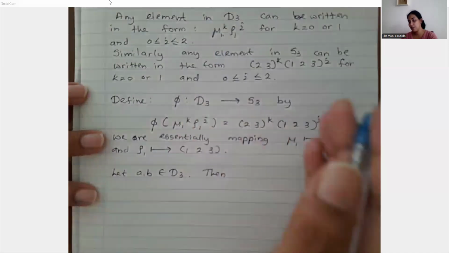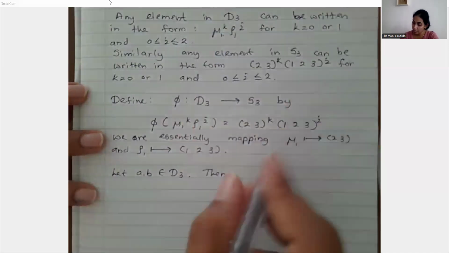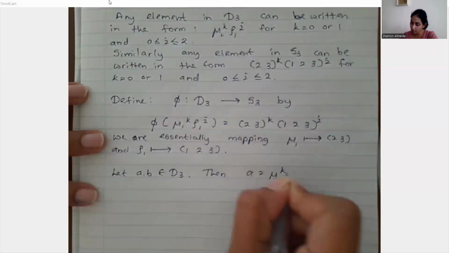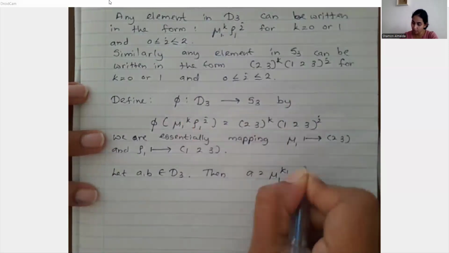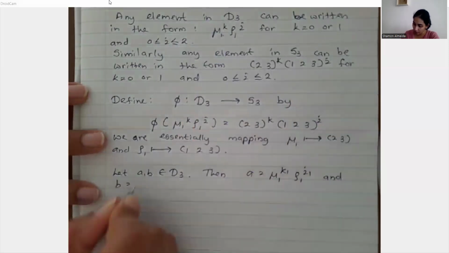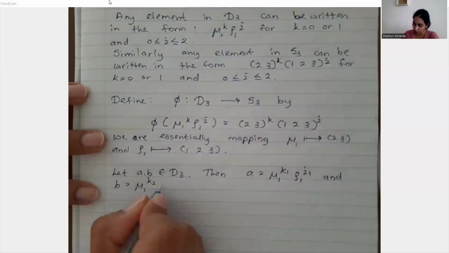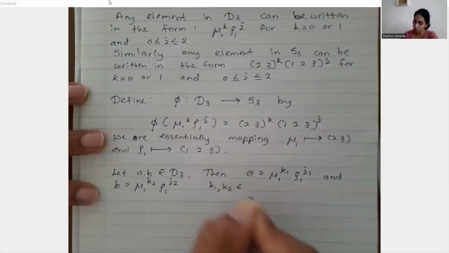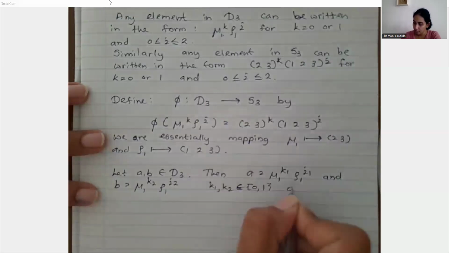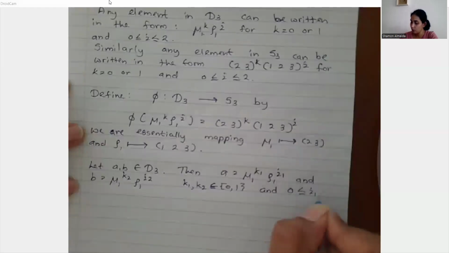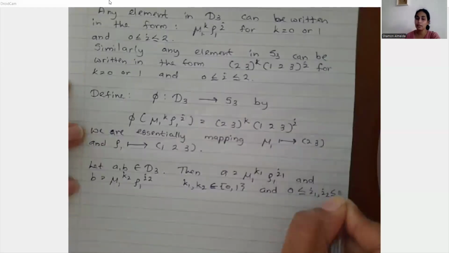So for some k1 and for some i1, we can write a as mu1 to the k1, rho 1 to the i1, and b can be written as mu1 to the k2, rho 1 to the i2, where k1, k2 are either 0 or 1, and i1, i2 will simply be between 0 and 2.